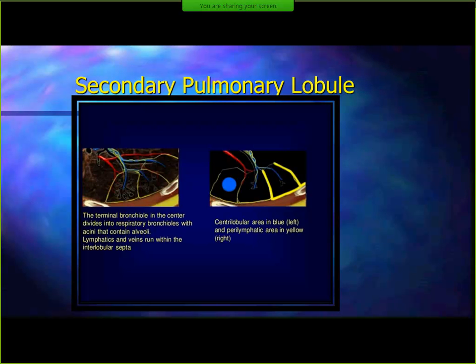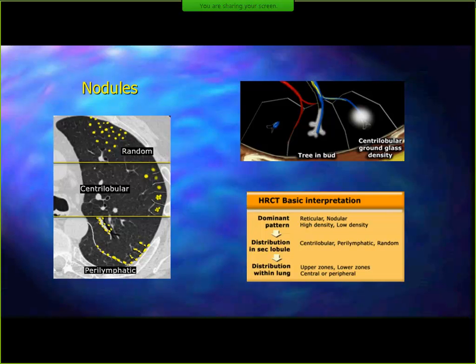So you get nodules, and they could be reticular, nodular, high density, low density. They could have a centrilobular distribution or a perilymphatic distribution, like this perilymphatic, or centrilobular here. This is the outline of the secondary pulmonary lobule.